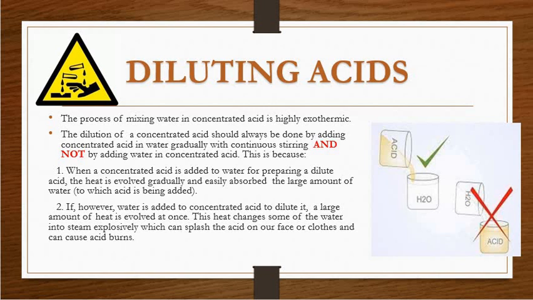So we always take care that the concentrated acid is added to the calculated amount of water, and the calculated amount of concentrated acid is taken by the side of the beaker gradually, slowly, with constant stirring. This is how we dilute acid, and this process is called dilution of acid.